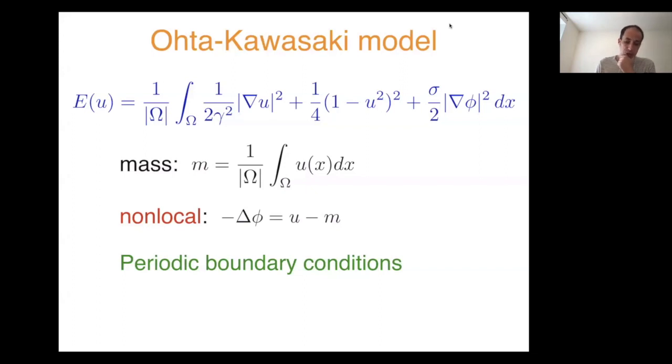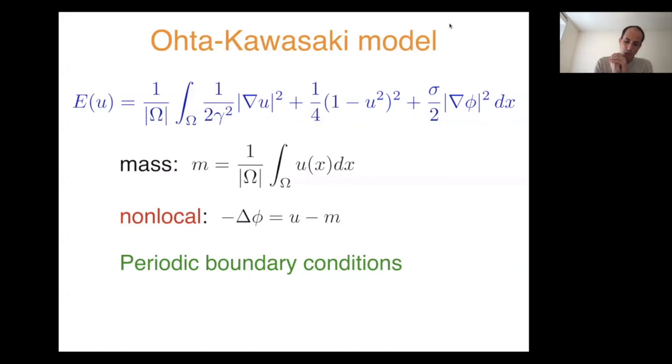Okay, so there are 3 terms, and the first 2 are the usual terms that you see in these types of energies. The first term penalizes changes in U, so basically transitions. The second term tries to put U equal to 1 or equal to -1. And then the final term is the special thing in the Ohta-Kawasaki model.